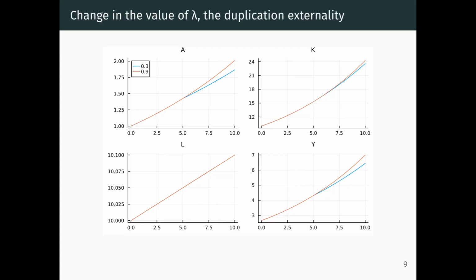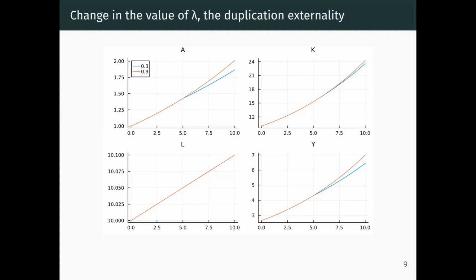We can also change the value of lambda, or any parameter actually, during the simulation. So actually what we're doing here is simulate the model from 0 to 5, and then note what the end values of A, K, and L are, and then use these endpoints as new starting points for a new simulation.